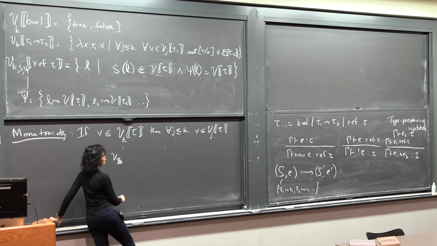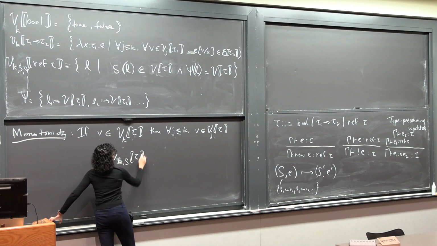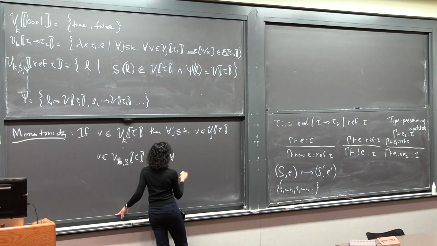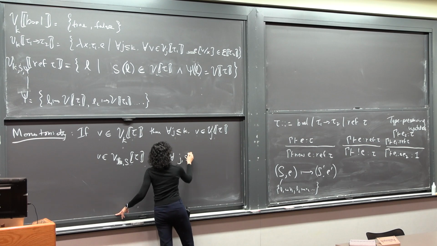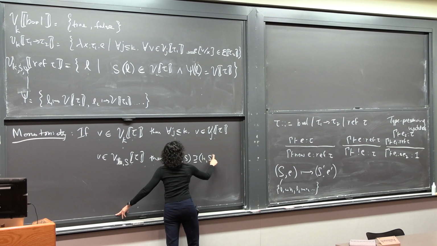If we weren't keeping around the store typing, I think this is something interesting to say. And then we wanted to prove monotonicity, but our worlds just contained, I'll write it like this. Prime.